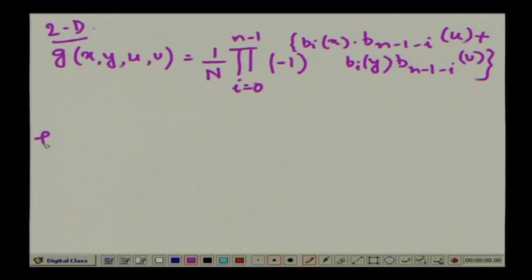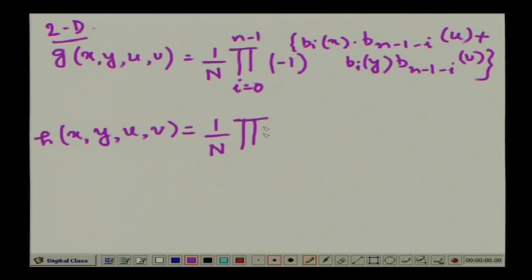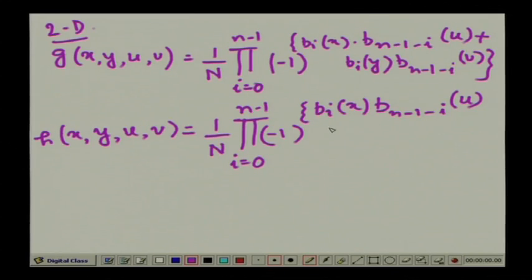And the inverse transformation kernel in this case is identical with the forward transformation kernel. So, the inverse transformation kernel is given by 1 upon capital N product again i equal to 0 to lowercase n minus 1 of minus 1 to the power b_i(x) b_(n minus 1 minus i)(u) plus b_i(y) b_(n minus 1 minus i)(v).